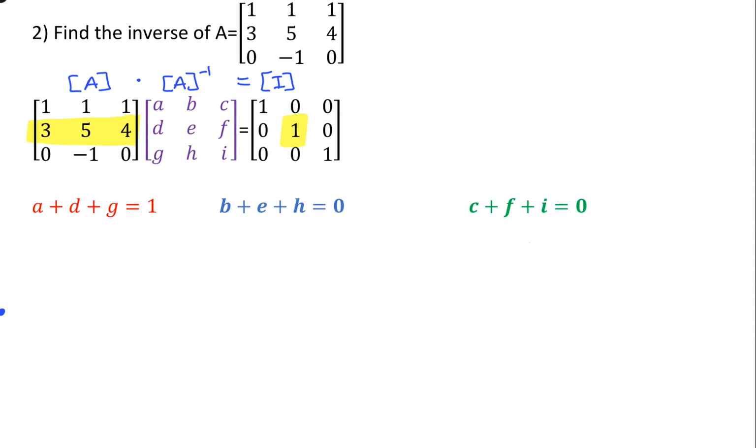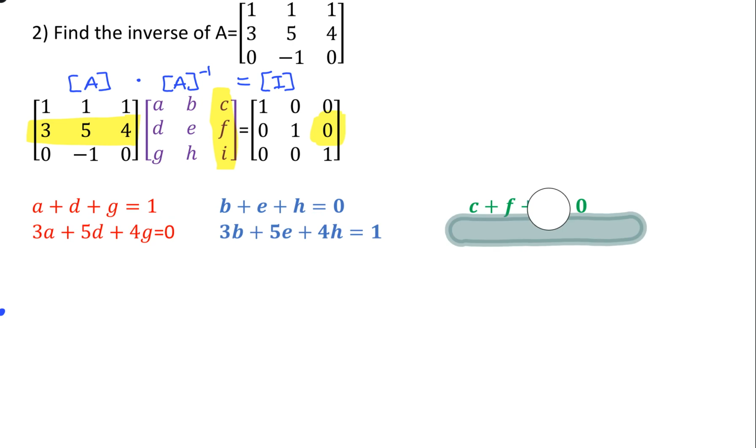And then multiply row 2 times column 3, which equals this 0 right here. So we do that multiplication. When you do that, you should end up with 3A plus 5D plus 4G equals 0, 3B plus 5E plus 4H equals 1, and 3C plus 5F plus 4I equals 0.